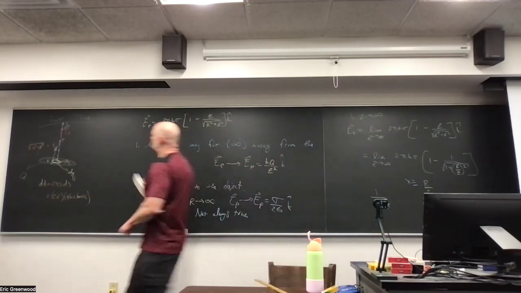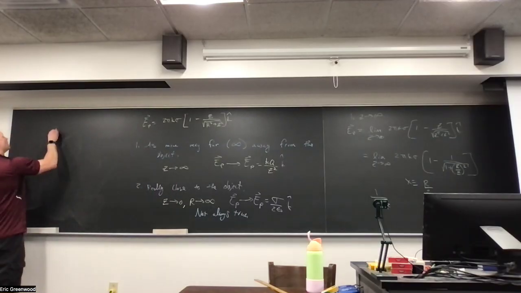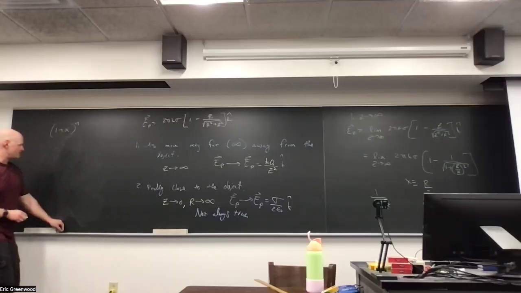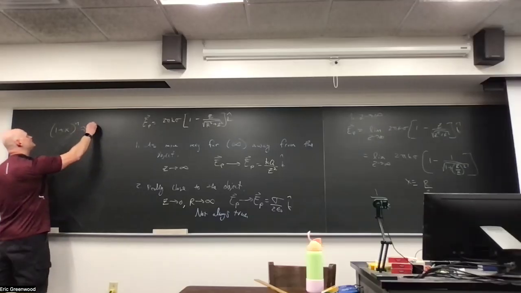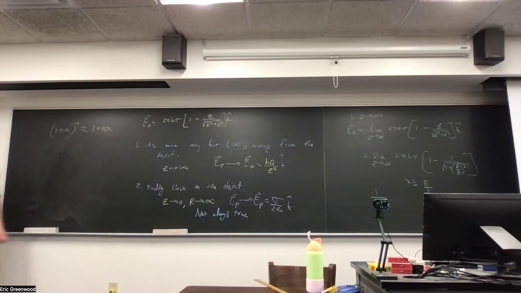So the one that we're going to be most interested in is this one. I'm going to take my 1 plus x raised to the nth power. This is my Taylor series that I want to look at. Now, under Taylor series expansion, this thing is going to become equal to 1 plus n times x. Okay. So this is my Taylor series of this guy.